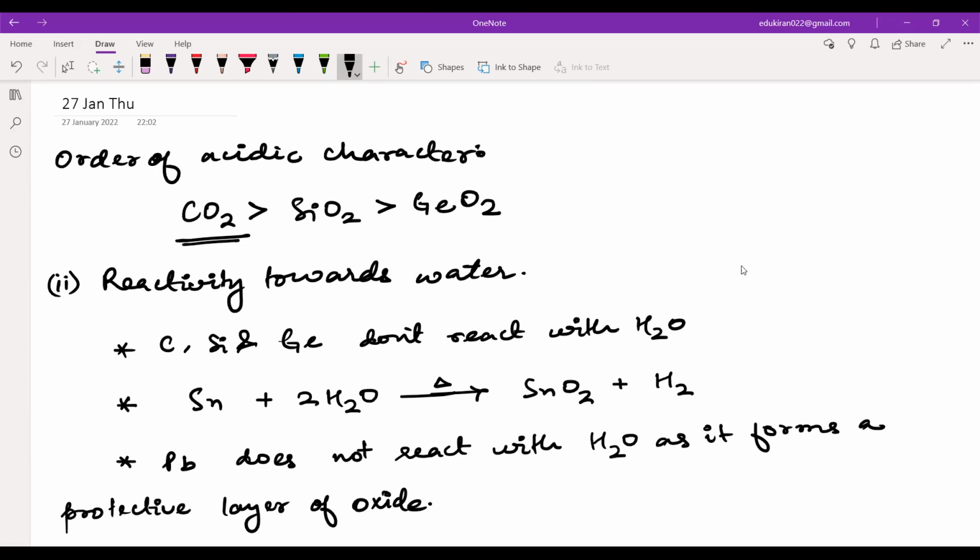Write this down. Let me know if you're done. Then we'll write the reactivity towards halogen. Okay, done, guys.